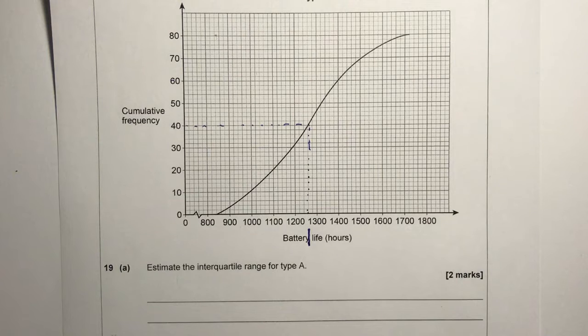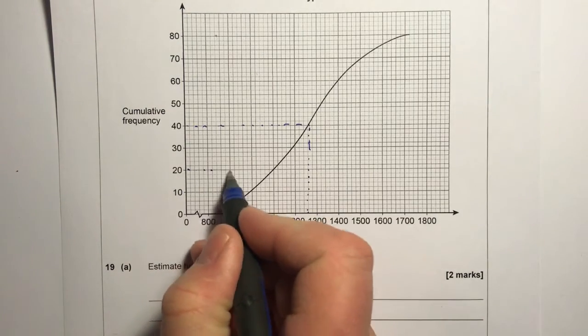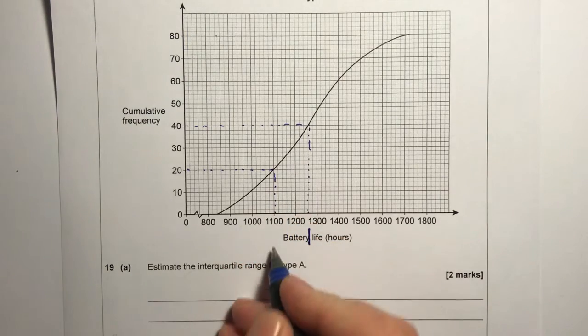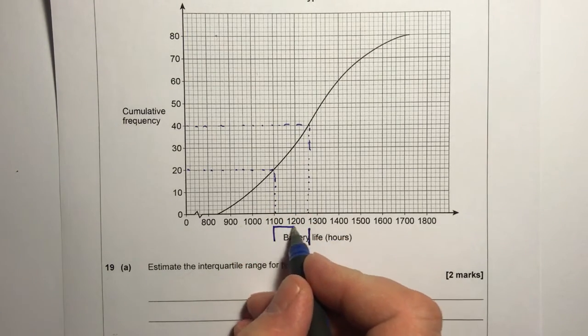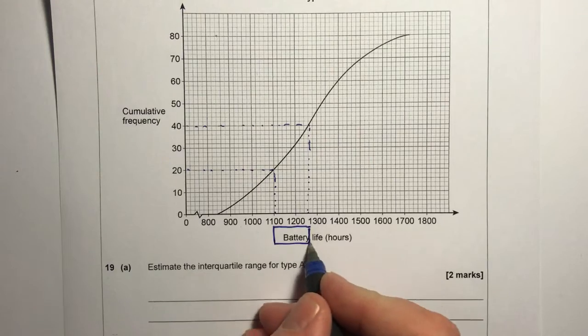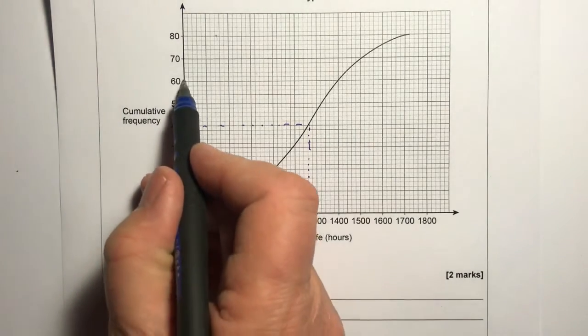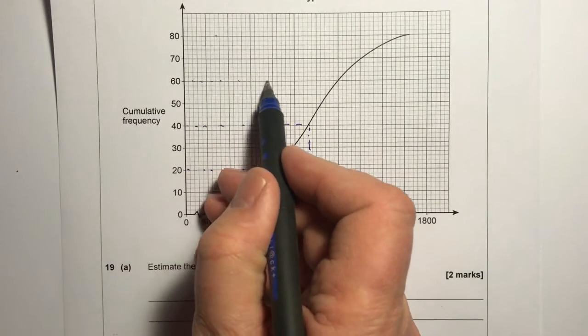Okay, so if we know that that's the median value, then we need to know the interquartile range. So it's actually going to be half of that again, because what we're looking to do is to create almost like a cat's whiskers diagram from this cumulative frequency.